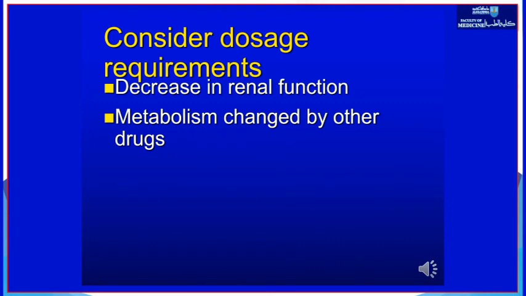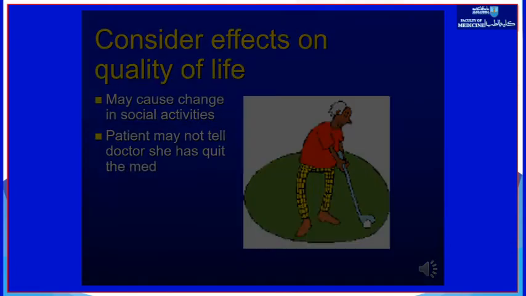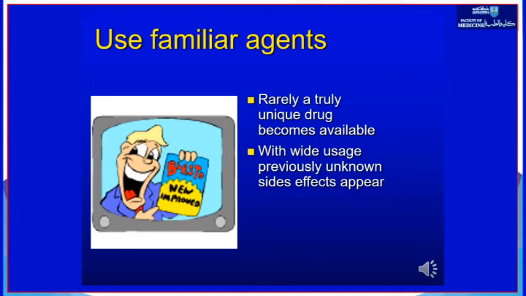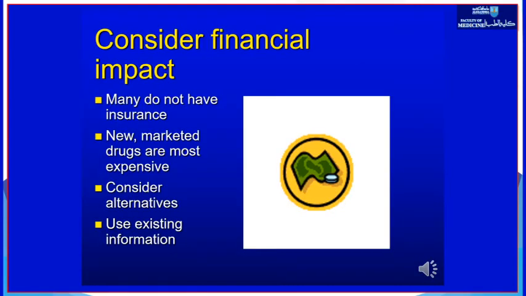Beware always of the kidney, and know that renal function decreases with age. Consider the effects on quality of life. Use familiar agents. You don't have to know all the drugs. Just know a few drugs from each class and know them well. Know the drug-drug interactions, drug-disease interactions, and use those. And always, particularly in our country, we should consider the financial impact.